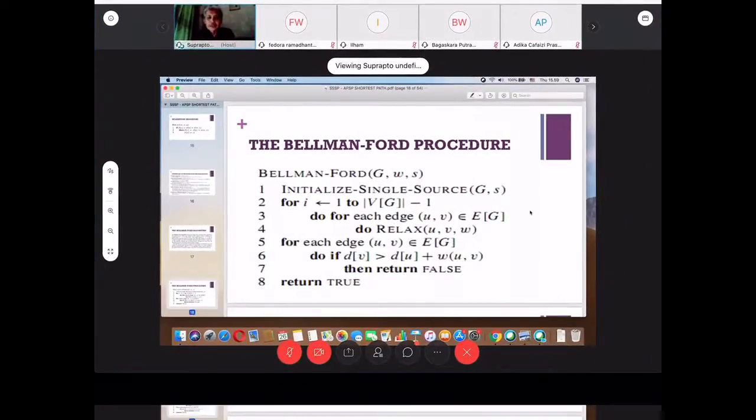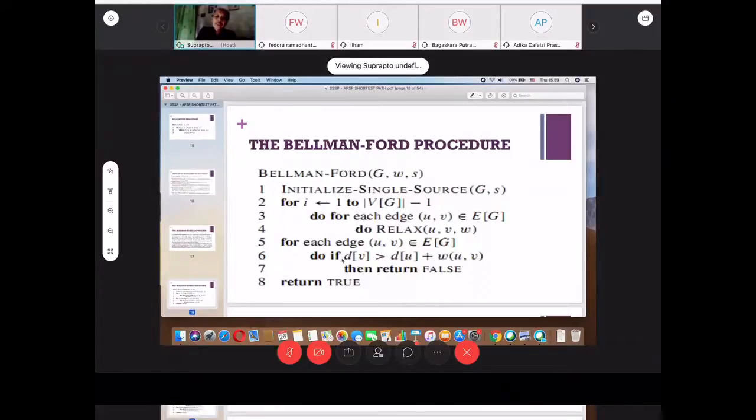After having done the relaxation, then this is to make sure whether there is a solution or none. See this in line 7, there is a return value false. False means there is a negative weight cycle reachable from S, right? So when return value is false, it stops and there is no solution.